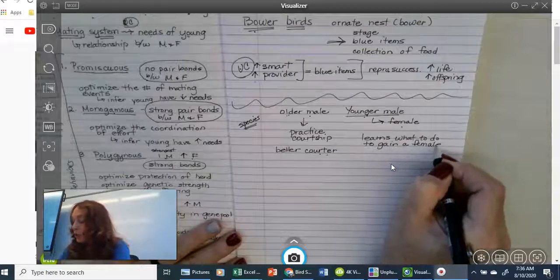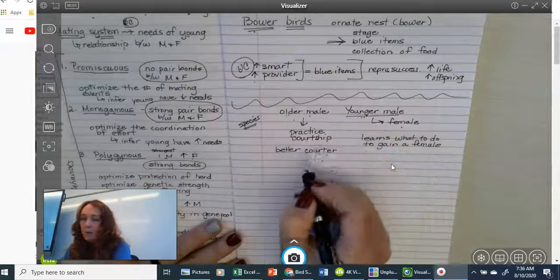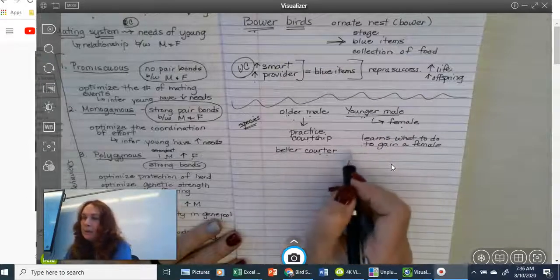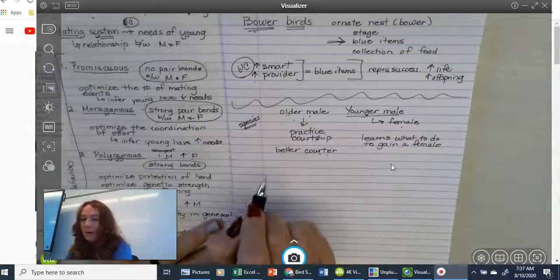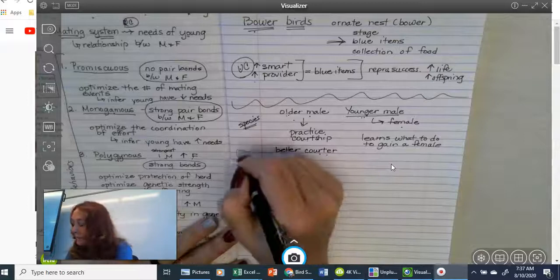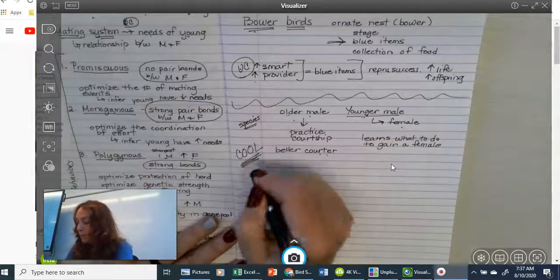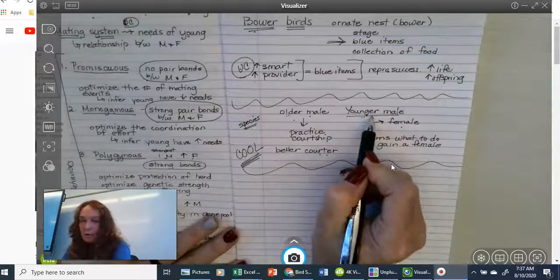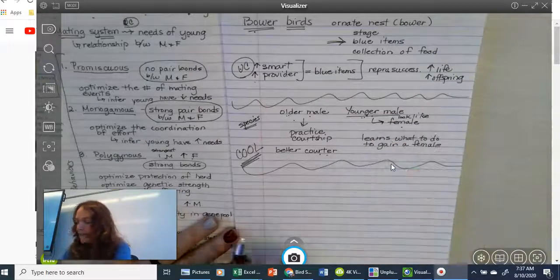Now, once he changes as he gets older and he looks like the older male, no practice courtship. That's going to be highly competitive, and that male's going to have to go away from that bower. But that is so cool when you think about that behavior being maintained, and it would not work if that younger male did not look like a female.